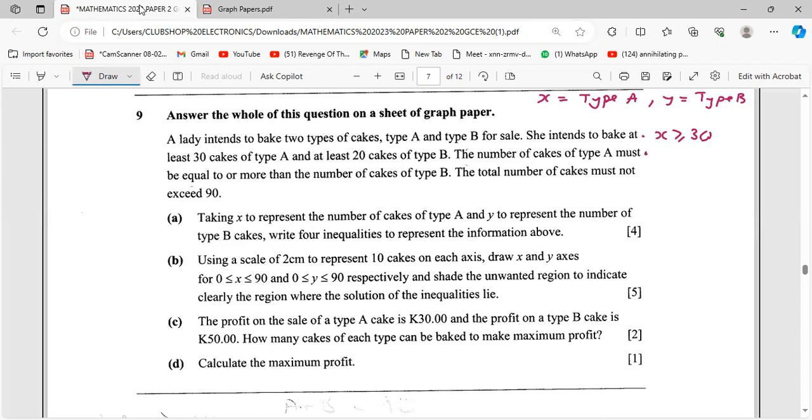The second inequality: at least 20 cakes of type B, and type B is Y, so Y is greater or equal to 20.